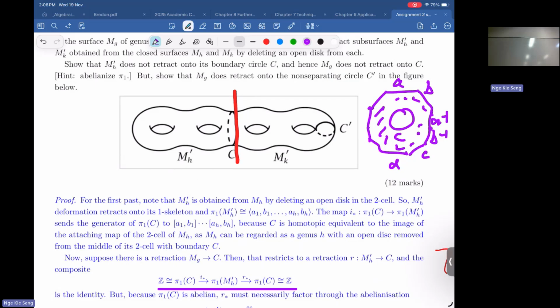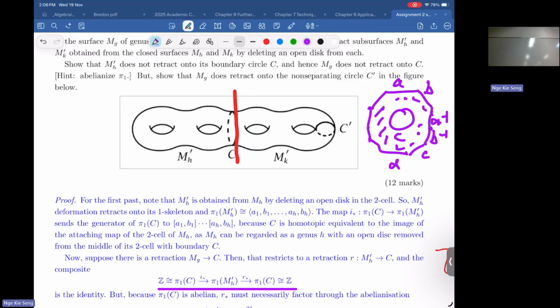It should be just itself. That is what you expect. But once you put it into pi 1 of M H prime, the whole one-skeleton is actually trivial because we have a two-cell attached. So it becomes trivial after you include it, and you cannot go back to your C. This is the contradiction.